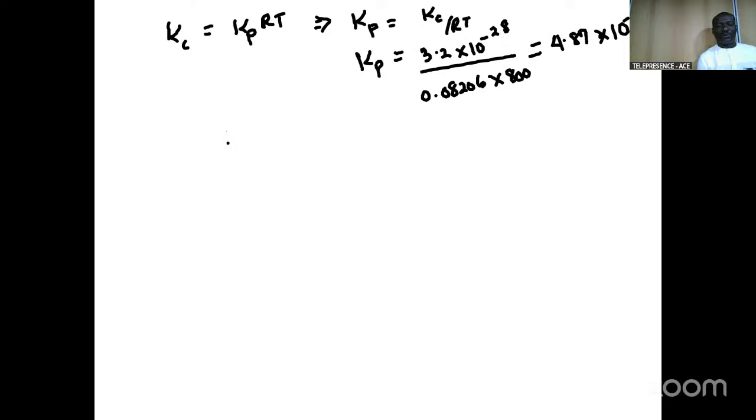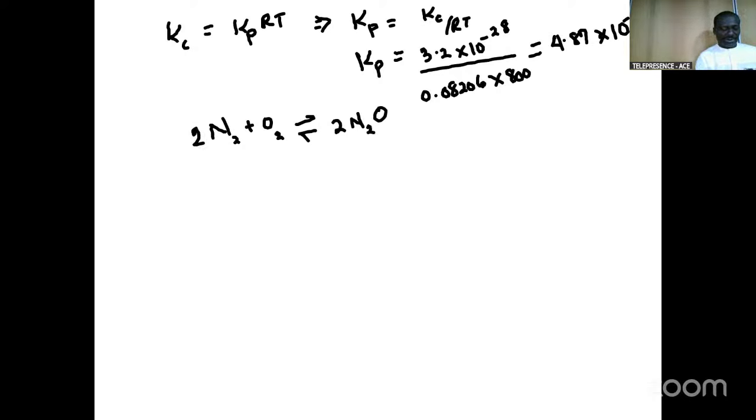All right, so we can go back to our ICE table. We have N2 plus O2 to give us 2N2O, and of course we have 2 here.